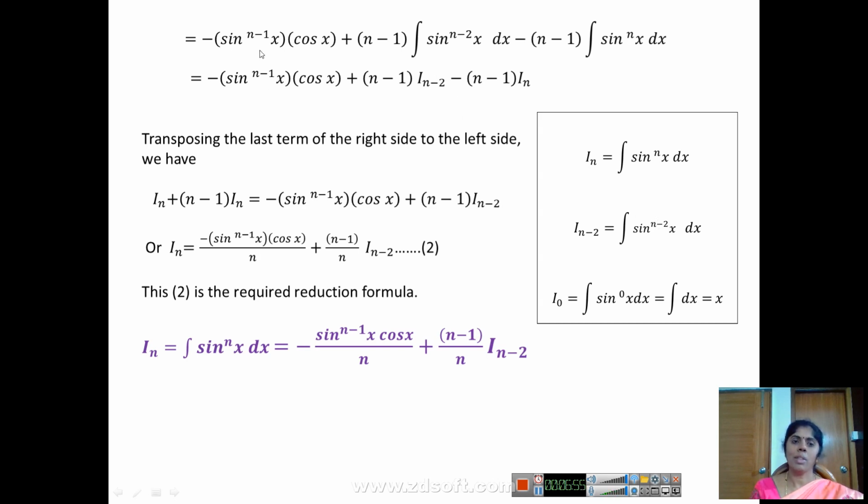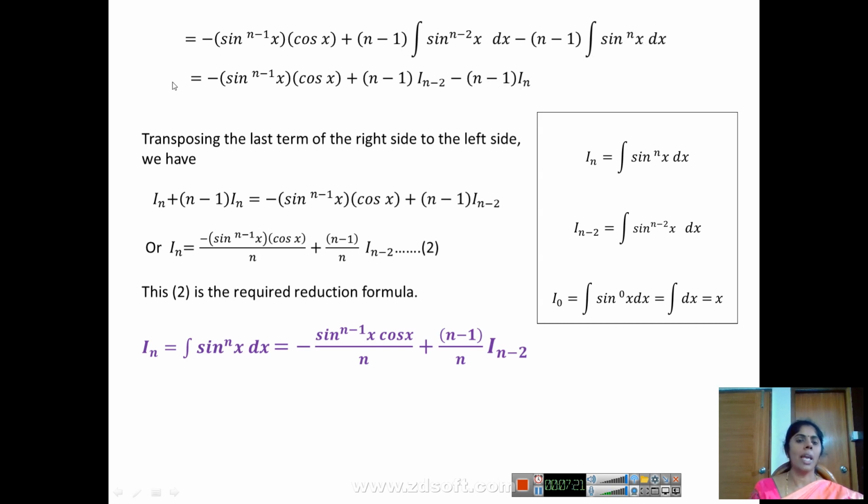The first part can be written as minus sine to the power n minus 1 of x into cos x plus n minus 1 into integral of sine to the power n minus 2 of x dx, which can be written as I n minus 2, and minus of n minus 1 of integral of sine to the power n of x dx can be written as In.